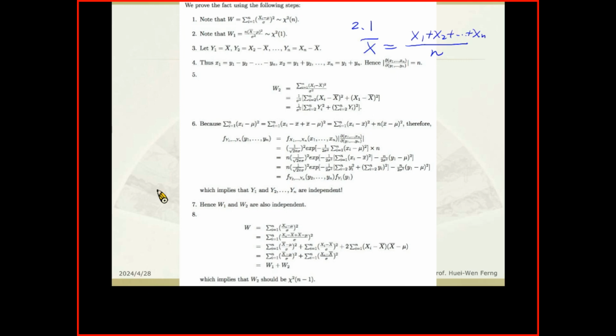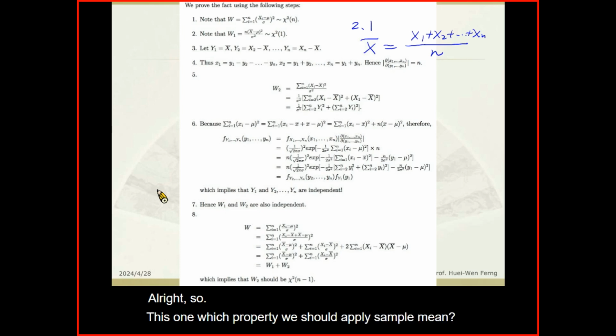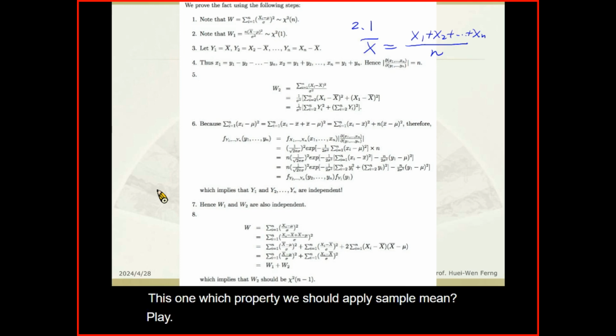All right, so this one, which property should we apply? Sample mean.